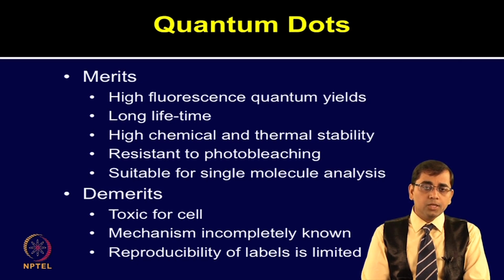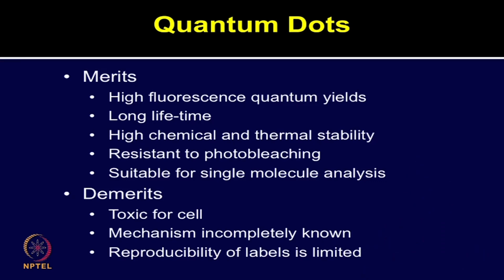The demerits associated with QDs include toxicity to the cell, incomplete knowledge of the mechanism involved, and limited reproducibility of the labels. The cellular toxicity and biocompatibility are the major limitations of using quantum dots, as there is limited knowledge on their clearance from the living system.